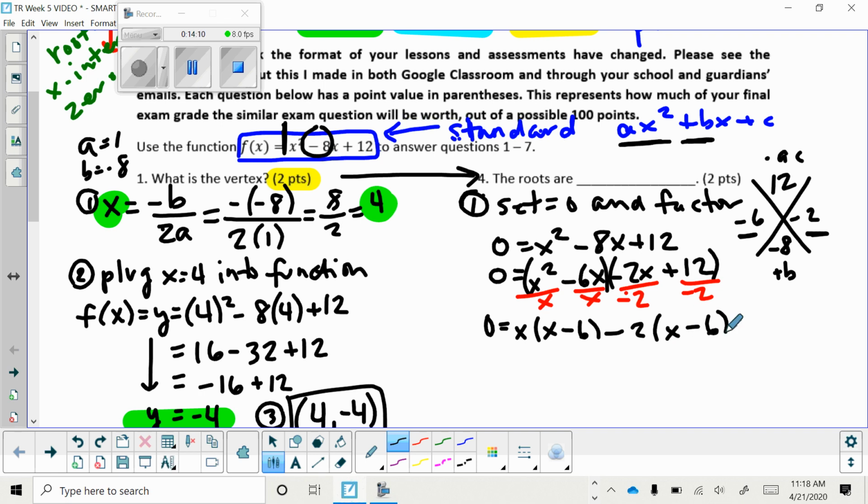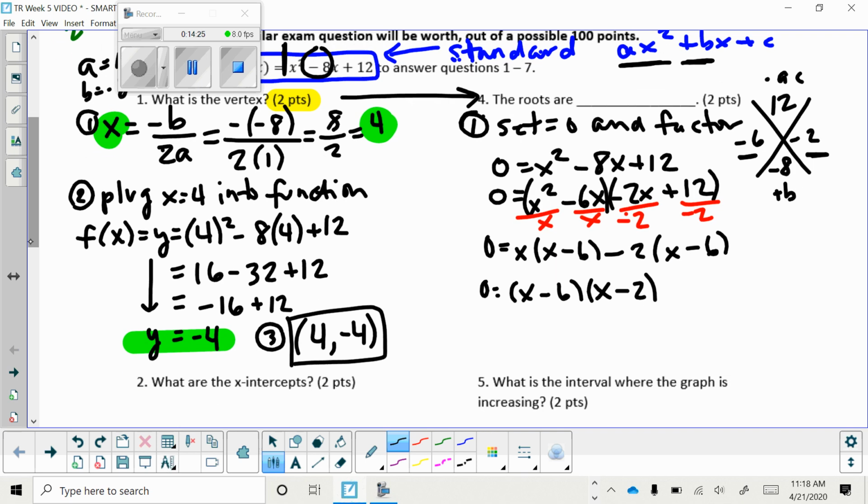And now looking at those groups together, we take the x minus 6 out of each of them. And then in that first group, that leaves me with an x, and the second group leaves me with a -2. Right? So now we still are trying to solve for x. So the next thing we do is we take those 2 factors, we set the factors equal to 0 and solve them.